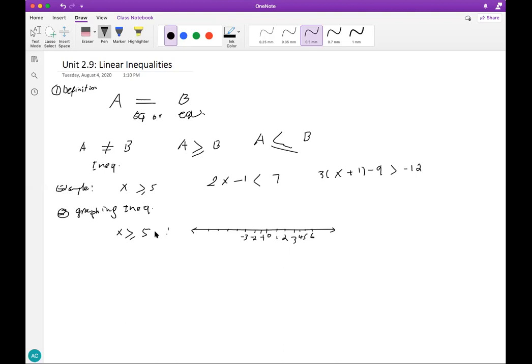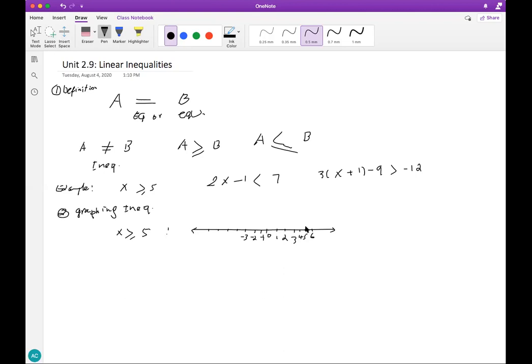Why 6? 6 is greater than 5. But here it says greater than or equal to 5. So we would start from where? 5. That's right, because we have this little line, or equal to 5.